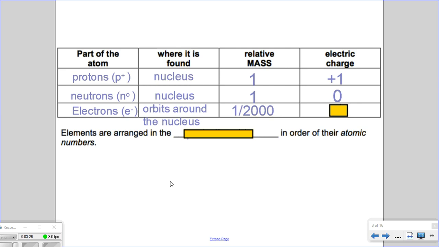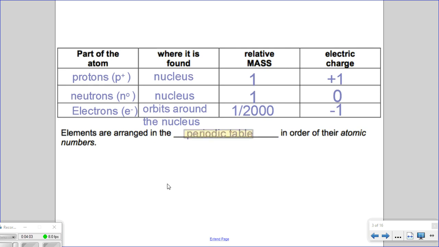So it would take 2,000 electrons to equal the mass of 1 proton or 1 neutron. Electrons are very, very small compared to protons and neutrons. They are just tiny. And then the charge, this is just how things work at the subatomic level: electrons have a charge of -1. So they are negatively charged.